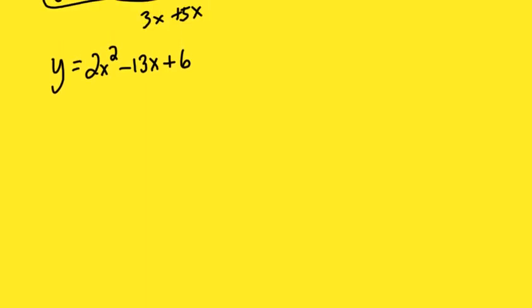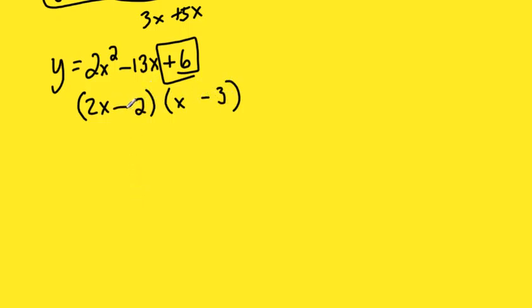All right, let's try one more. No GCF, so try 2x and x. And now I need a 6, so I can try 2 and 3 or 6 and 1. Look at it for a minute and see if you can figure it out. You might try 2 and 3. That's not going to work.